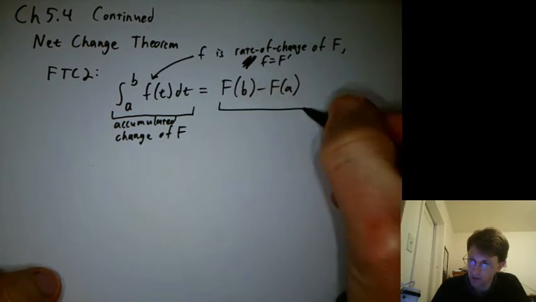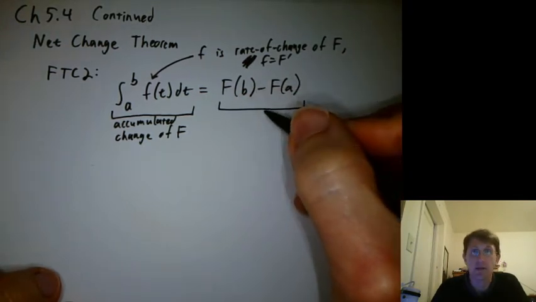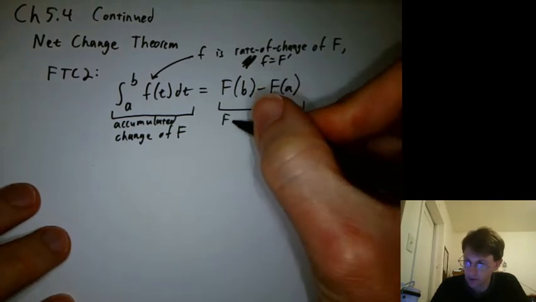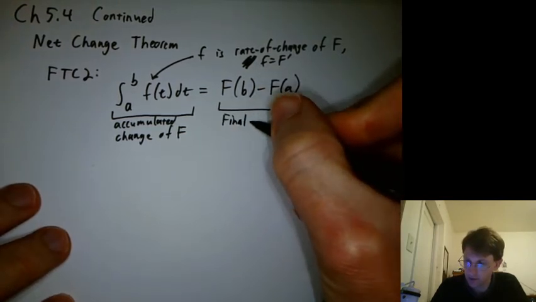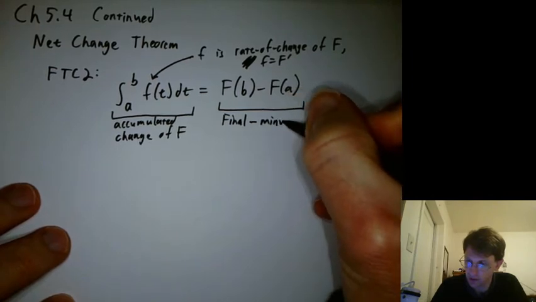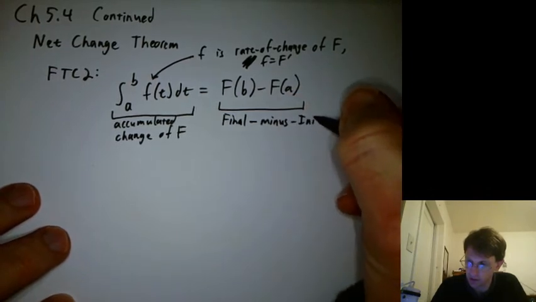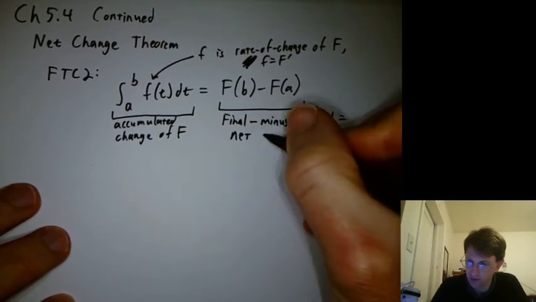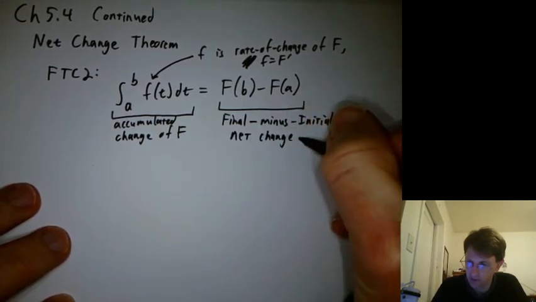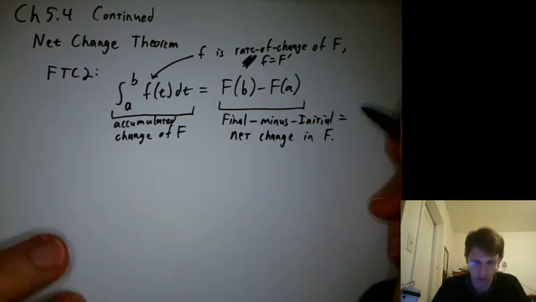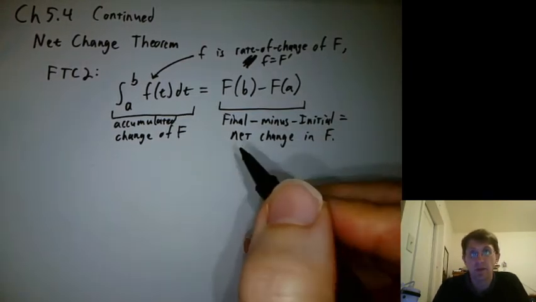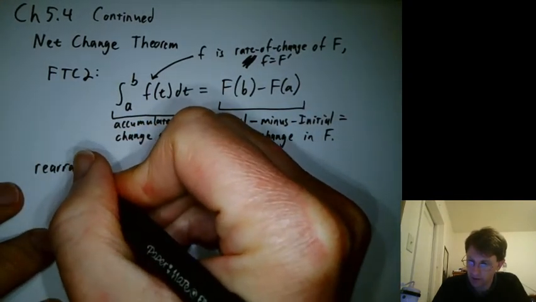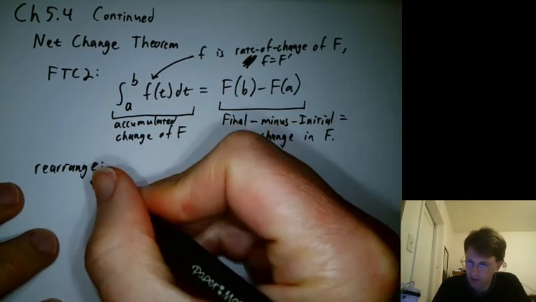And over here, this is the final minus initial, which is the net change in big F. So F of b is the final value, and then we're subtracting the initial value, and that's the net change in big F. So sometimes we use that, or we can rearrange it and get a little bit more insight.